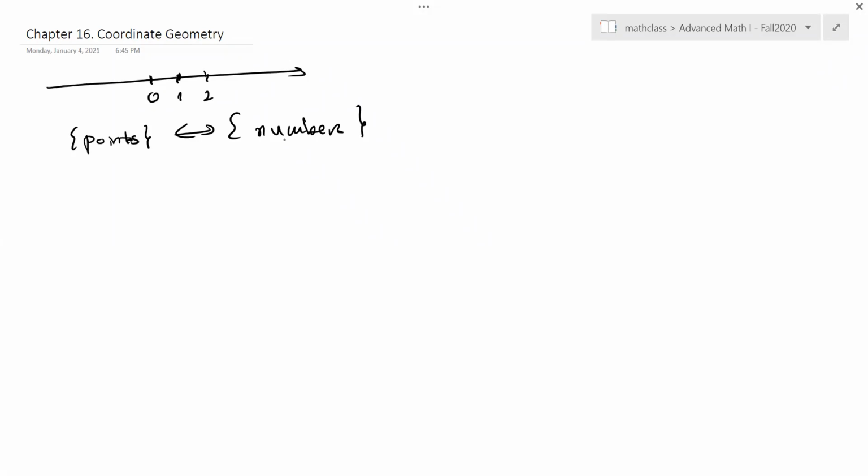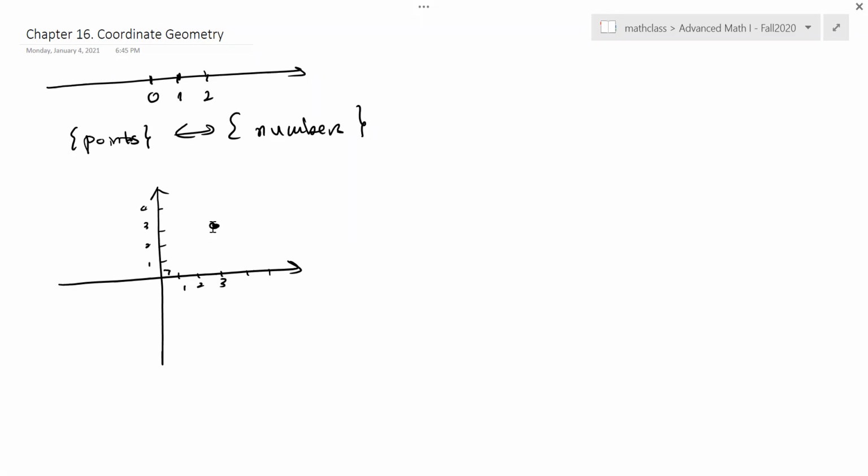Then this is one-dimensional, right? And for two-dimensional, we have two coordinate lines perpendicular to each other, corresponding to each other. Then every point is in a plane, okay? Of course, you have to use the coordinates here, 1, 2, 3, and the units, 1, 2, 3, 4.